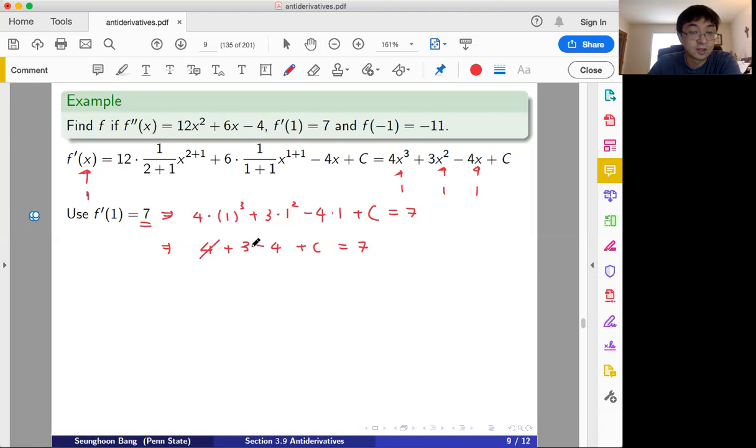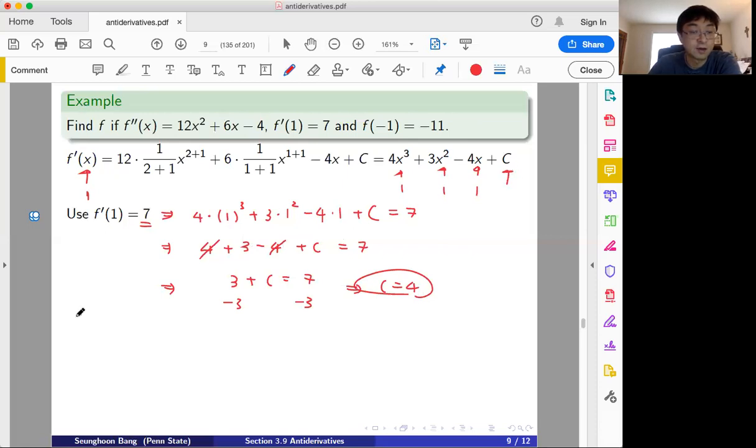The 4 is cancelled. So we have 3 plus c equals 7. You subtract 3. The c is 4.